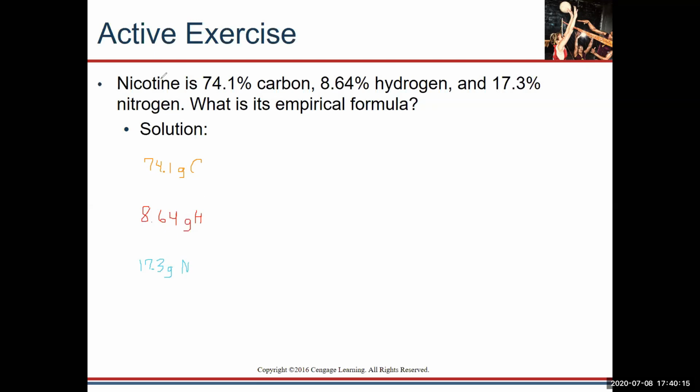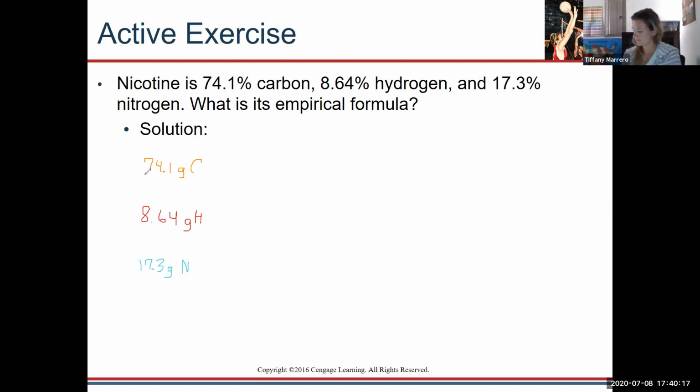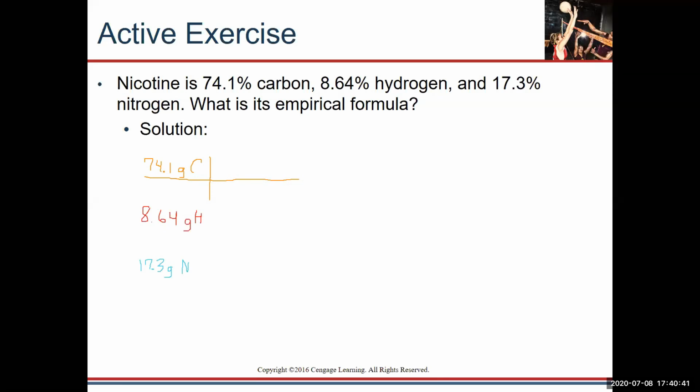Okay. So then, what do we do now to get rid of the grams and to change into moles? So what do I do to change this into moles?